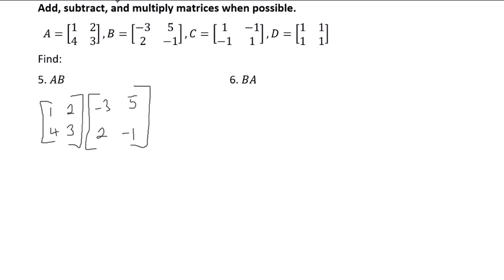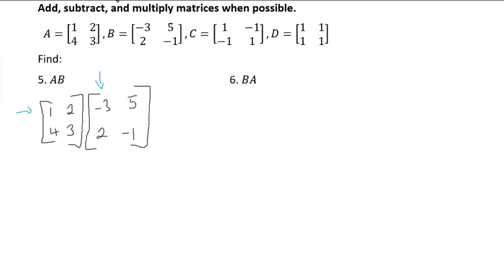Now, multiplying matrices is a little bit more challenging than addition and subtraction. So I'm going to use a lot of color to show what I'm doing. So we're first going to look at row 1 and column 1. So you multiply the row of the first matrix by the column of the second matrix.